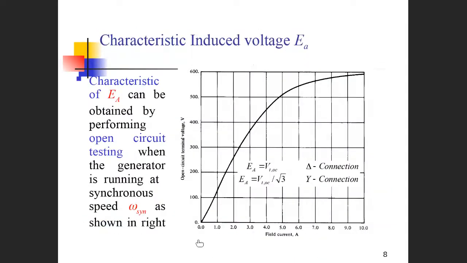So in practice, we can do experiments, using a separate excitation measure, to find out the characteristics of the internal induced voltage versus the field current for a given generator.